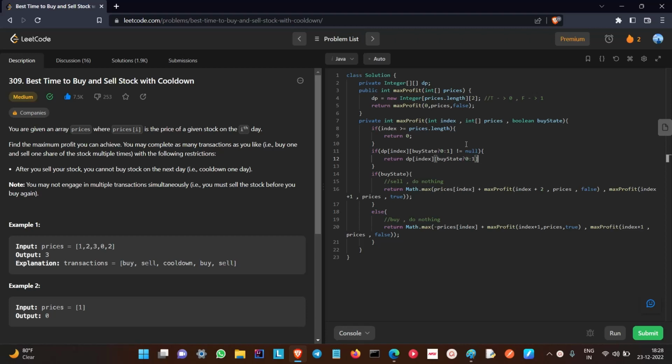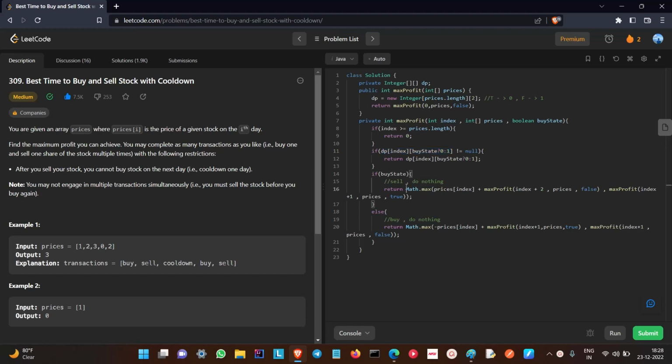We have a conditional operator here. What we have done is, when the buy state is true, we need to fetch the value at index 0, so cell 0. So we have a conditional operator mentioning 0, and if buy state is false, we need to fetch the value of the first index. So we have used the same here.